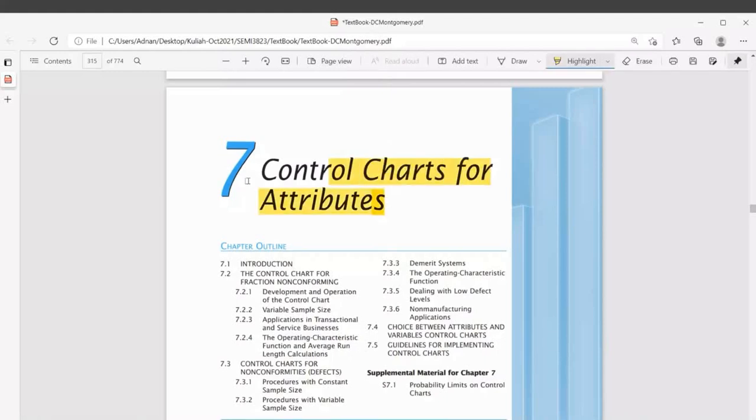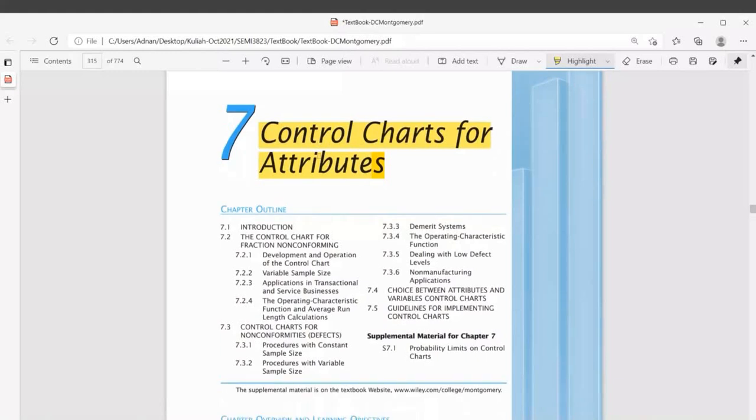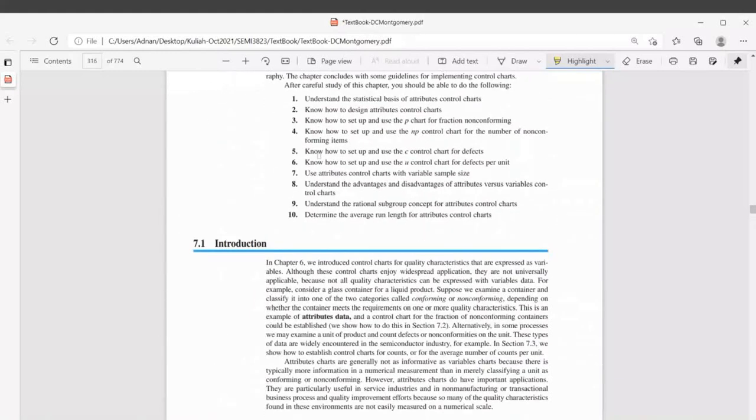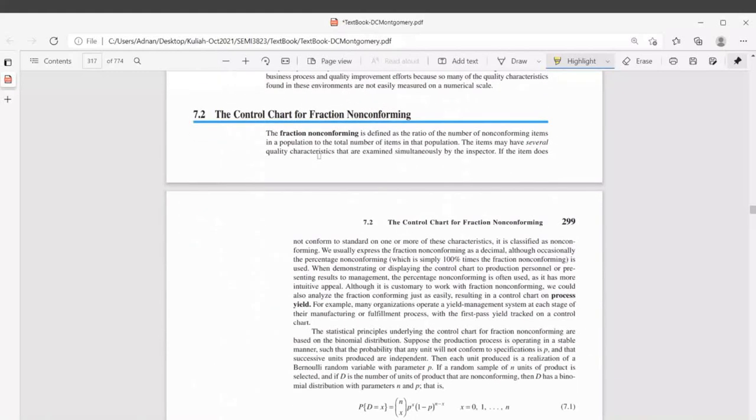So what we call here is the attribute control chart. In attribute control charts we have, for example, the fraction control chart. We have the P chart, which we call the fraction or proportional control chart.